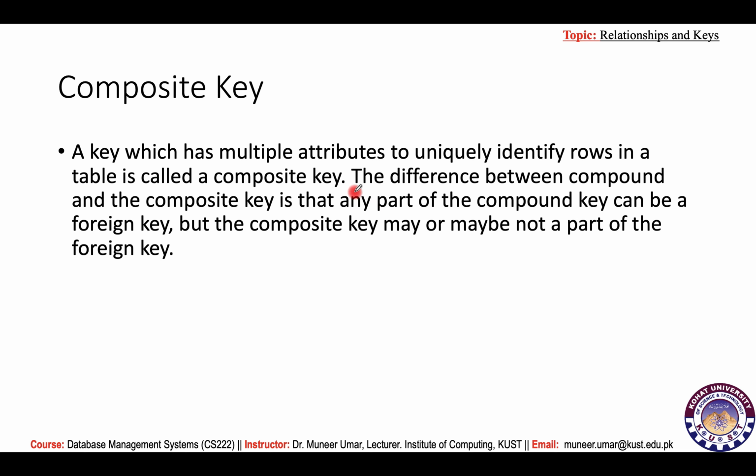But what is the difference between compound and composite key? The difference is that any part of the compound key can be a foreign key. There is a condition that in case of compound key, one or more attributes should be a foreign key, but in case of composite key it is not necessary.